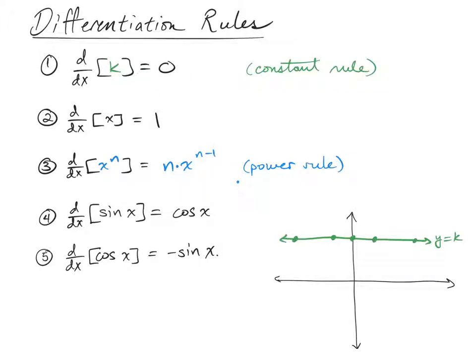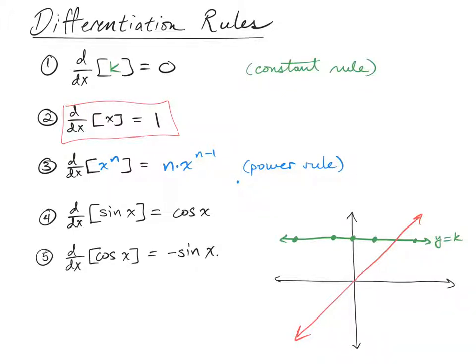Or maybe a different explanation as to why the derivative of a constant is 0. If you look at this next example, let's do this one in red. And you come over here and you plot the line y equals x, something like this.